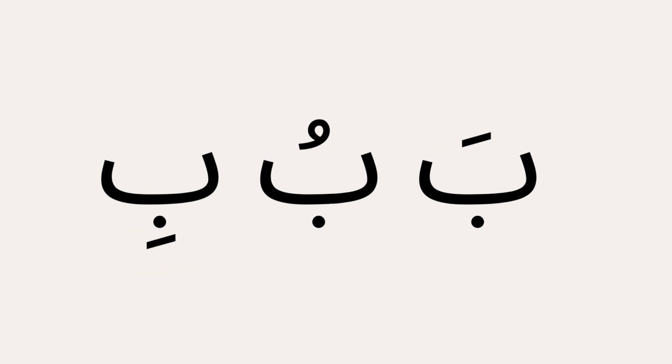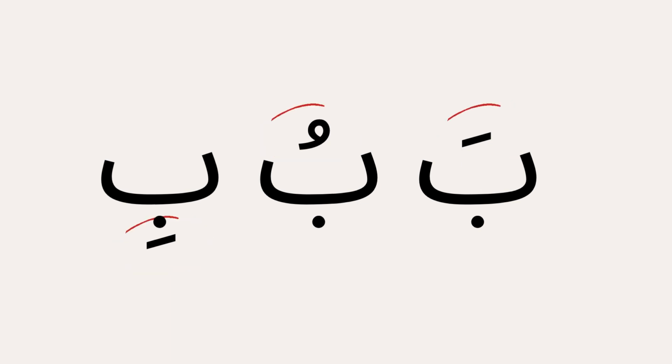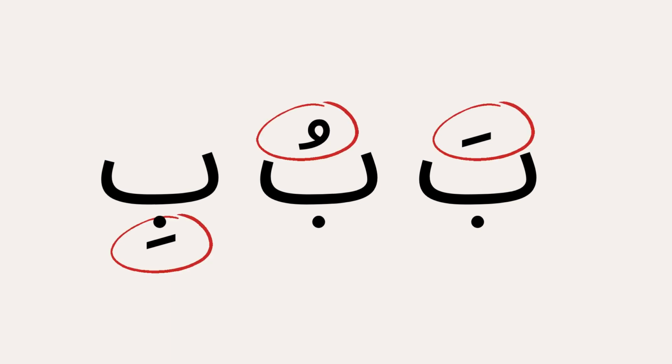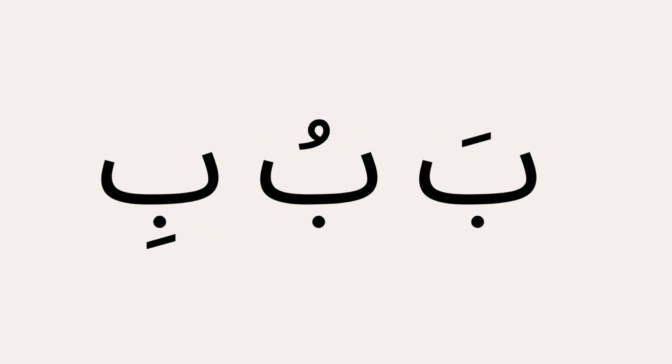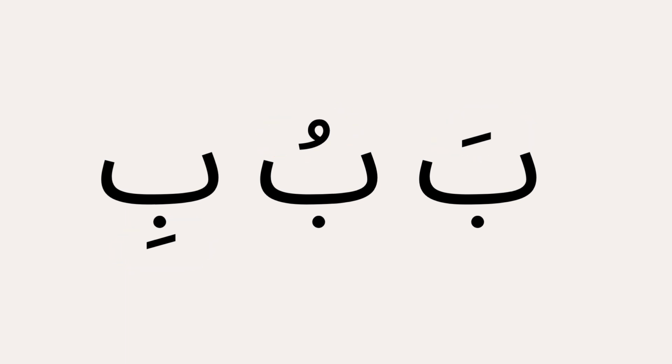The second mark is similar to the apostrophe in English. It's like a small wow or apostrophe. We put it above the letter to produce the oo sound. So if we see this mark above the ba letter, we know that it will be pronounced like boo.